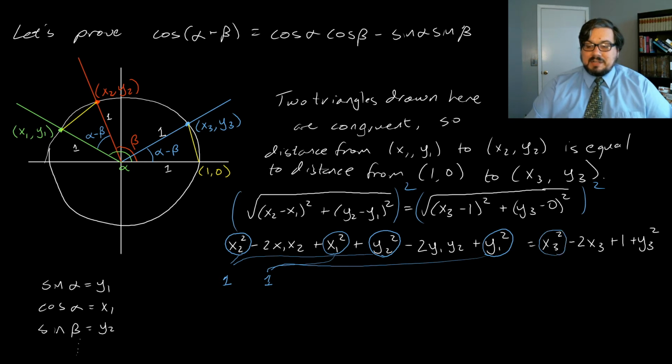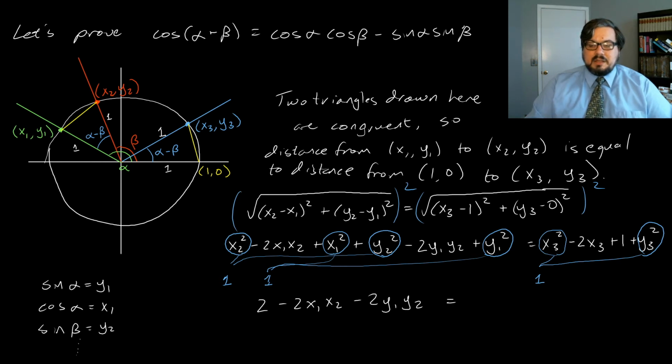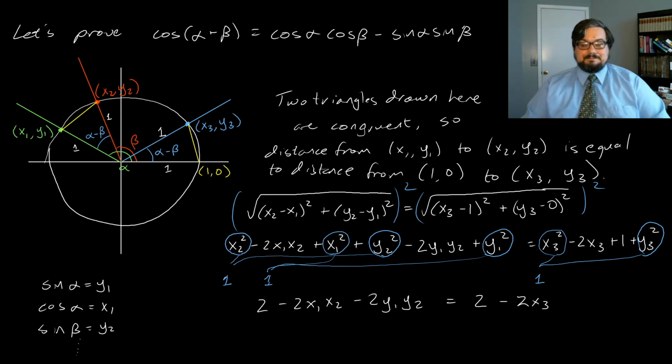And similarly, if you take x3 and y3, they're the coordinates of a point on the unit circle, so they sum to 1 also. So if we combine all those together, then on the left-hand side we'll get 2 minus 2x1 x2 minus 2y1 y2, and that equals, well, we've got the 1 from the x3 and y3 squareds, but then we also had the 1 that was just sitting there normally, so we get 2 minus 2x3.